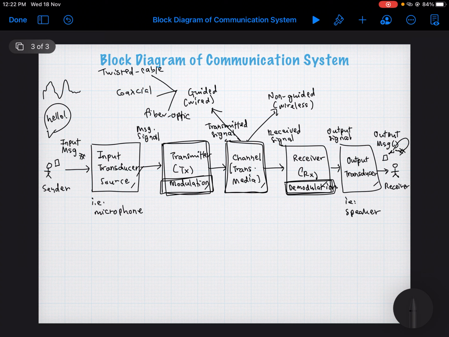And non-guided, actually this is a very interesting topic. Roughly it can be classified into three categories: the radio wave, the microwave, as well as the infrared. And this can be further classified into several frequency bands.